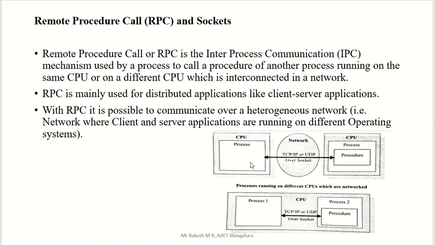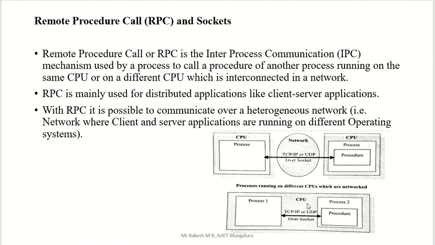Now you can see in the first diagram, here we have a network, and either TCP or UDP protocol is used. TCP means Transmission Control Protocol, UDP means User Datagram Protocol. We use that protocol in this network part, and one process is in one CPU, another process is in another CPU. So communication between the two processes occurs through this network.